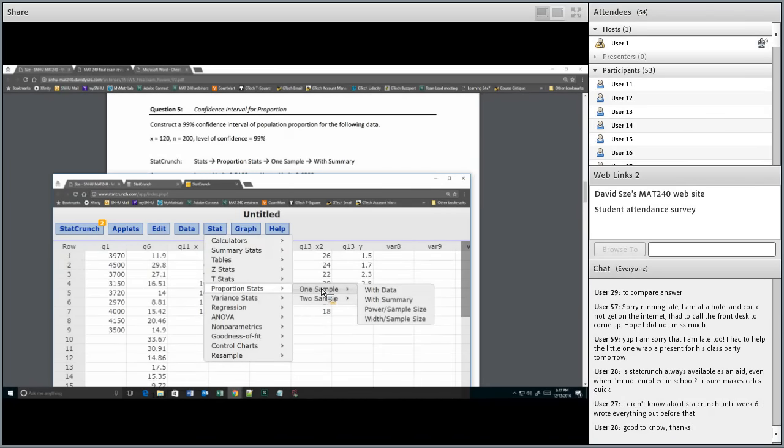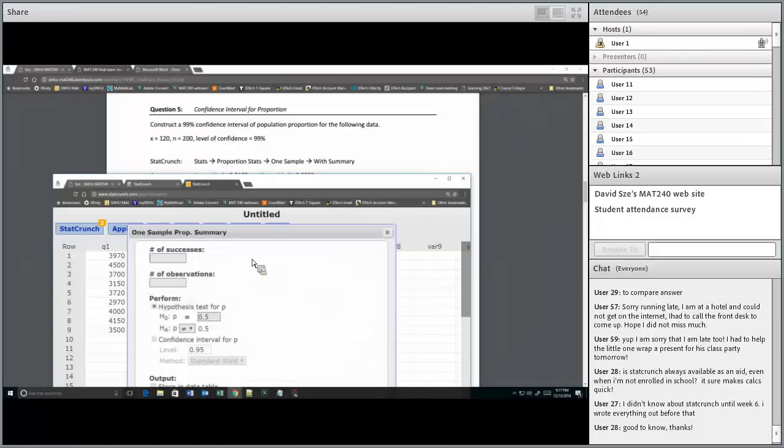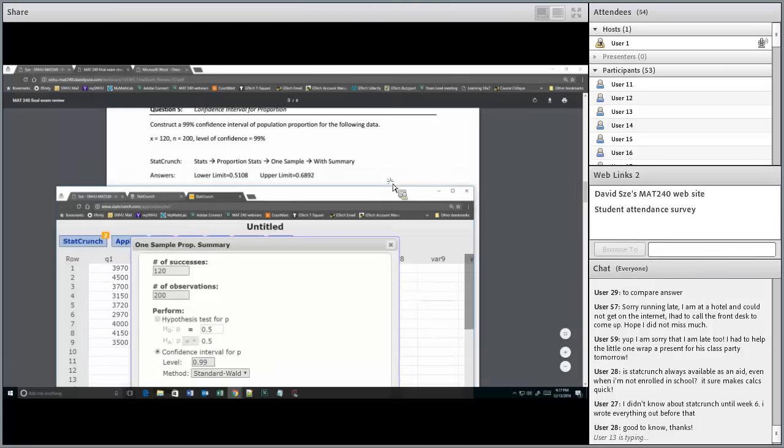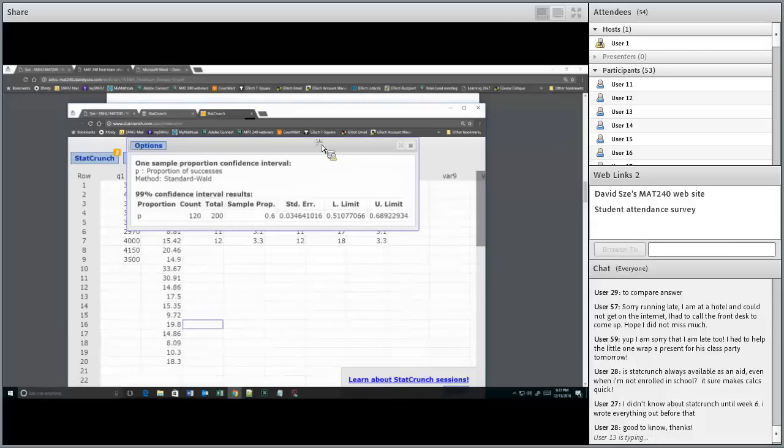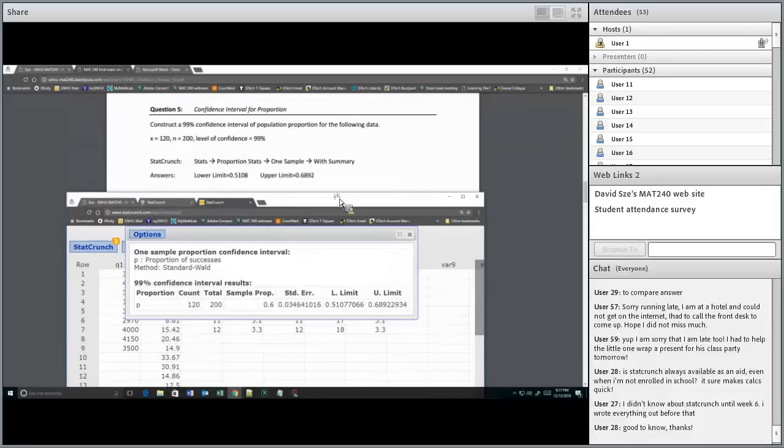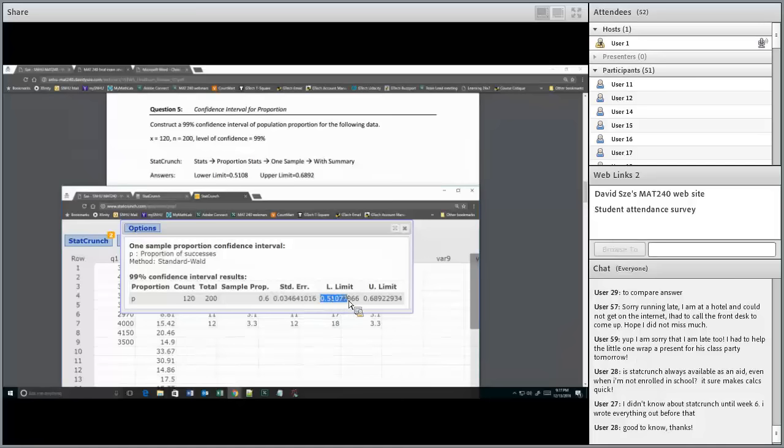You don't have two samples, just one sample, and you have the summarized data. So I'm going to access with summary. And the rest is very simple. Number of successes, I said it's 120 out of 200. And I need a 99% confidence interval, so I'm going to put 99 here instead of 95 and hit compute. And there you go, that is your answer. We can match it with the answer. The lower limit is 0.5108 and the upper limit is 0.6892.